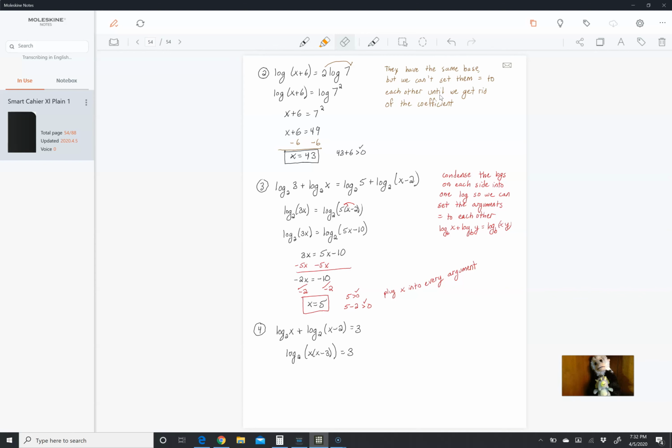I'm doing this step just for everybody who's watching, so that you can follow along and see what's happening. As soon as you see more than one log on a side, you're going to condense. You could skip right to here where you're multiplying.